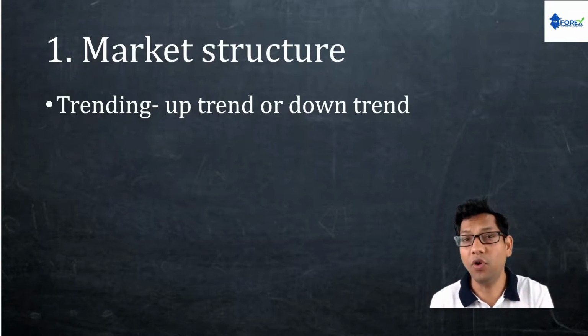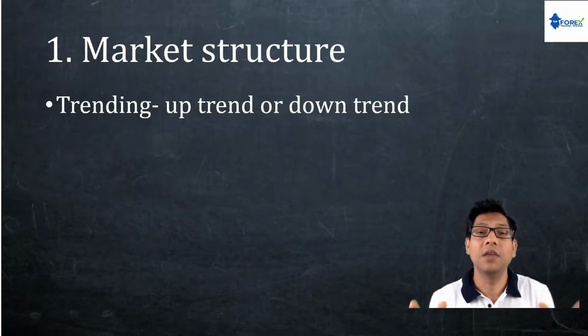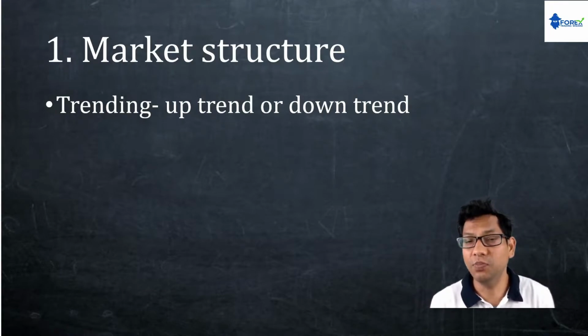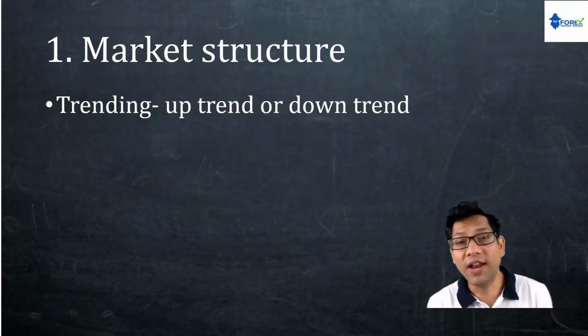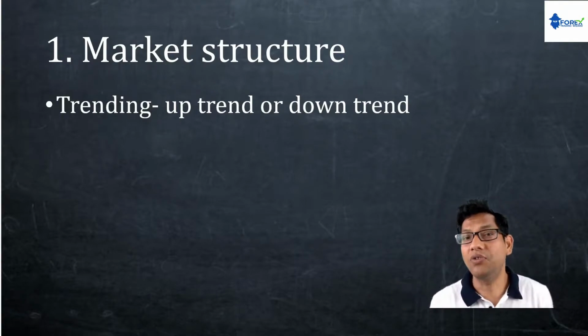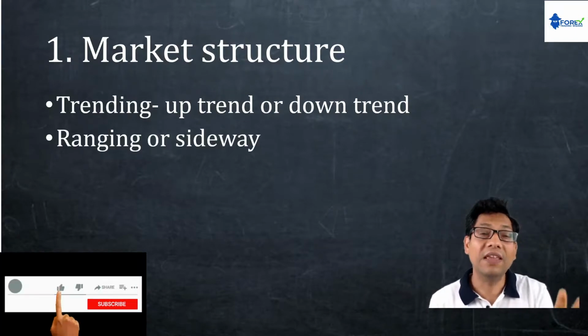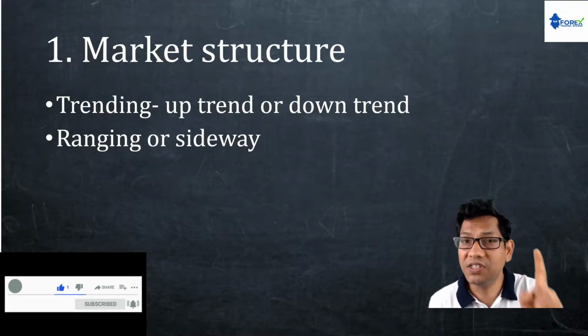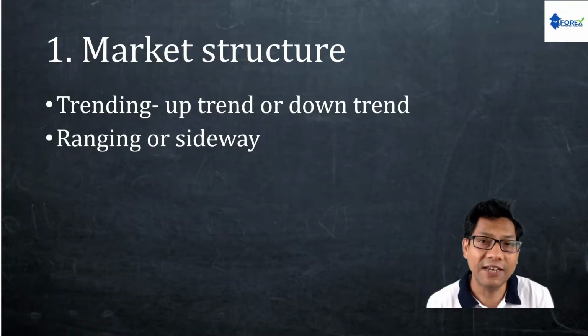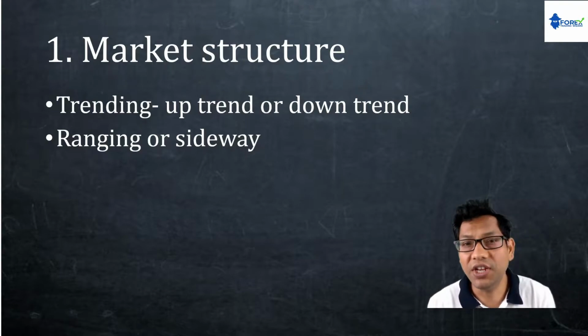So first of all, when you open a chart, you need to understand which way this market is moving. Is it trending? If it is trending, then it is an uptrend or downtrend. This first of all you need to identify. Or if it is a ranging market or sideways market. So the first key point that you need to understand as a price action trader is market structure.